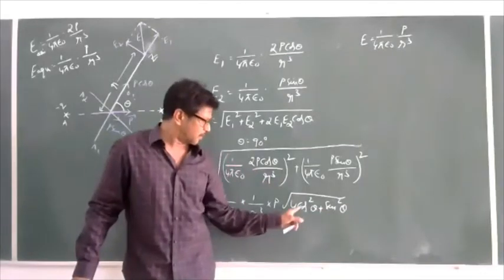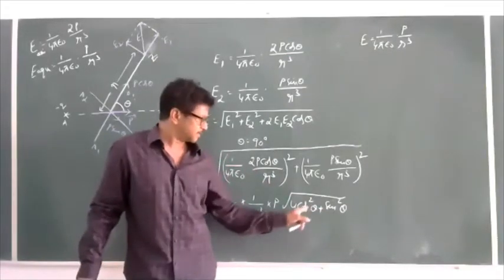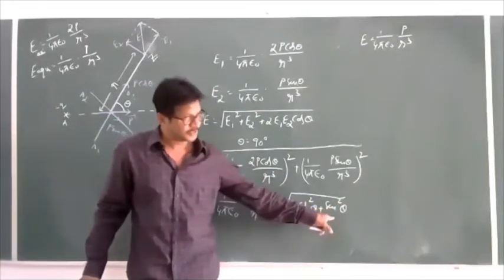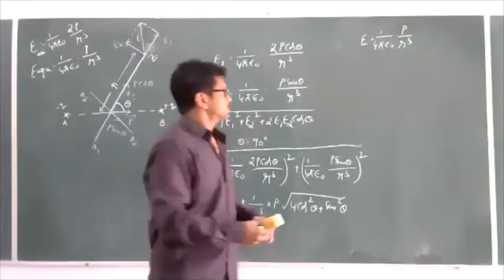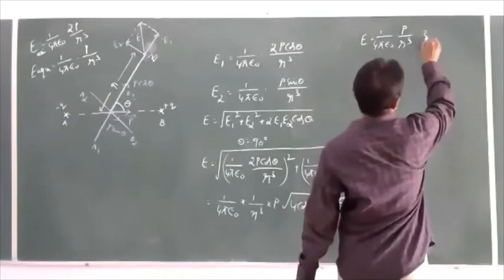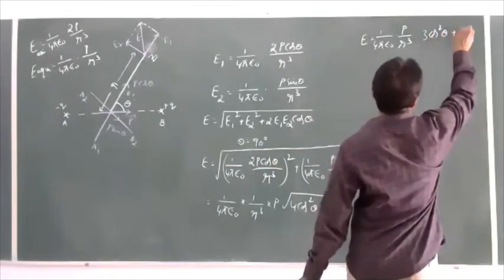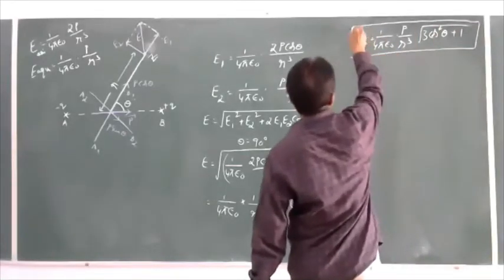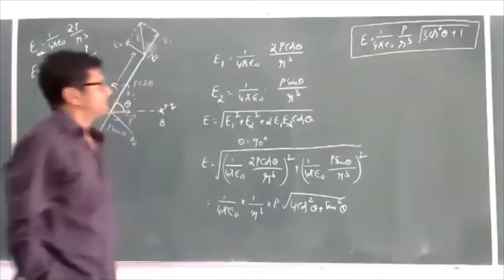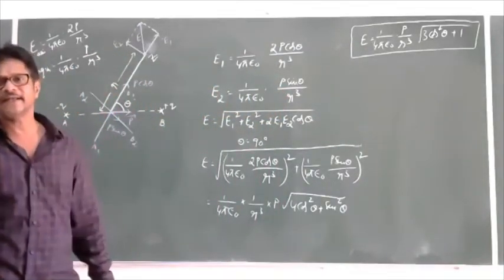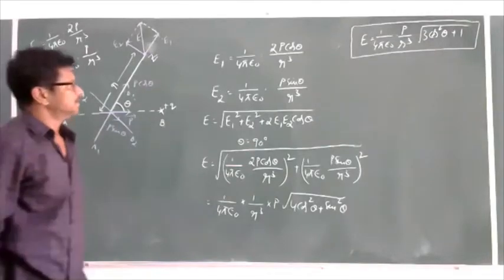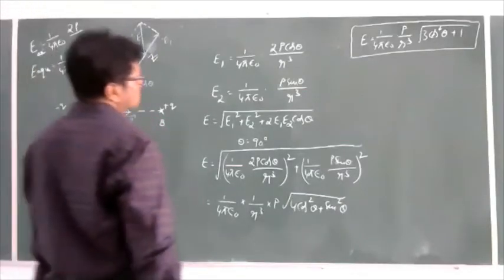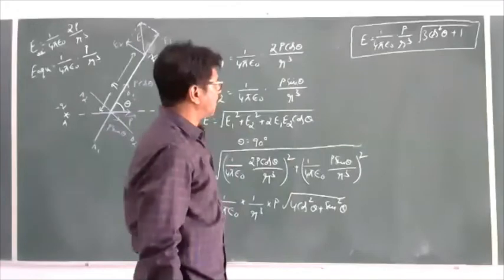Since cos square theta plus sin square theta is equal to 1, finally we get the formula to find the electric intensity: E is equal to 1 by 4 pi epsilon naught, p by r cube, into square root of 3 cos square theta plus 1.